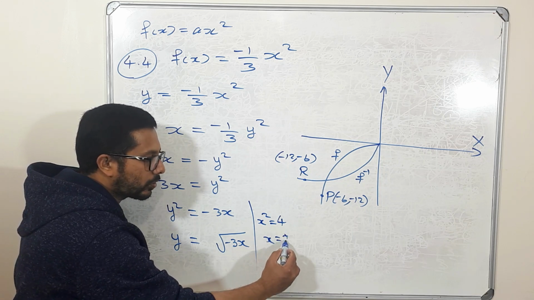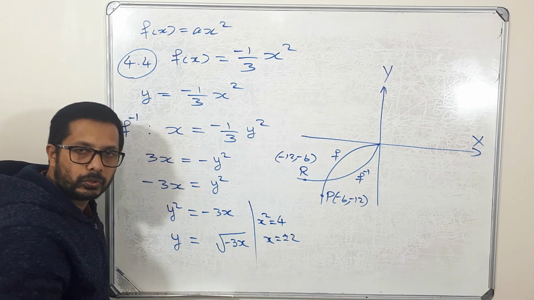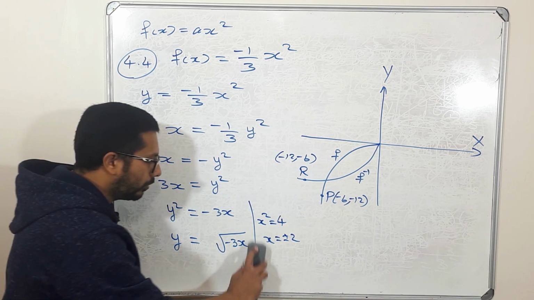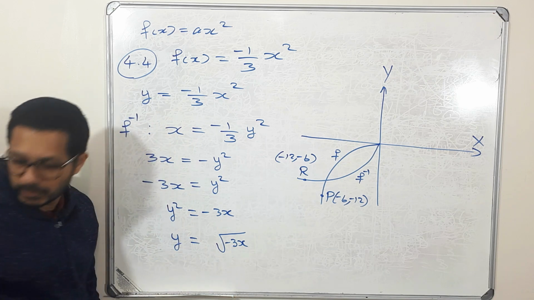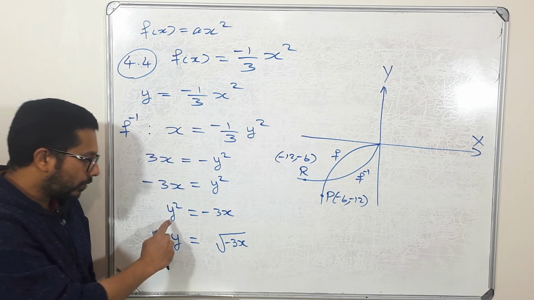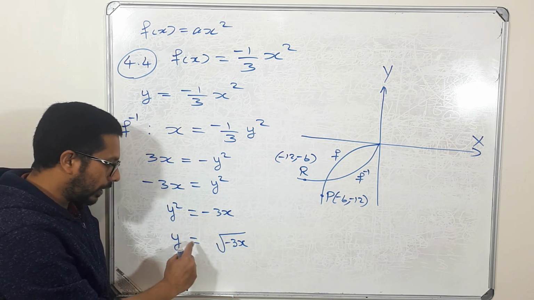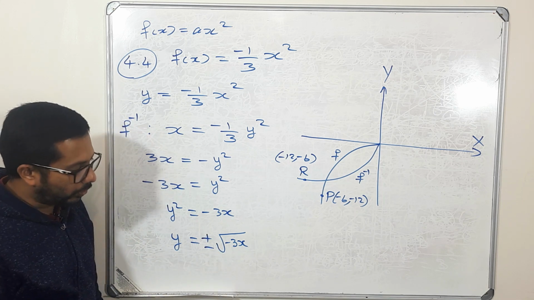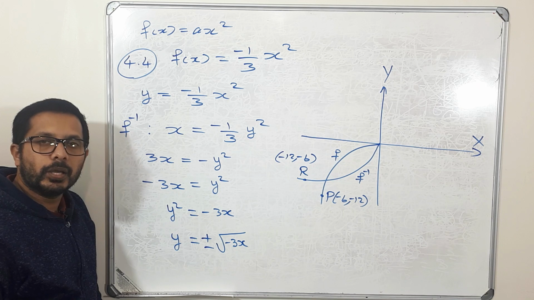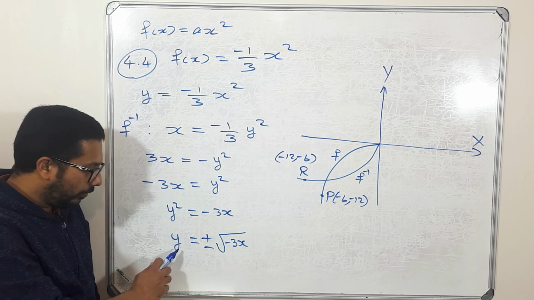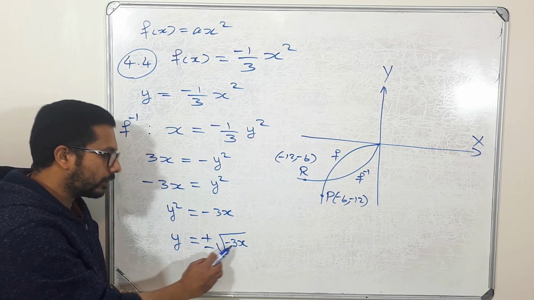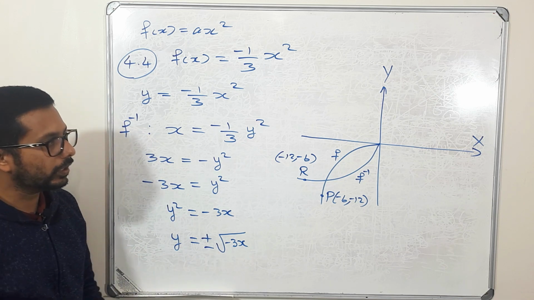X is equal to plus or minus 2. Root of 4 is plus or minus 2. Similarly, in this one also, y squared is equal to minus 3x. So y is supposed to be plus or minus root of minus 3x. But here there is a problem. Y is equal to plus root of minus 3x or minus root of minus 3x. Look at our graph.